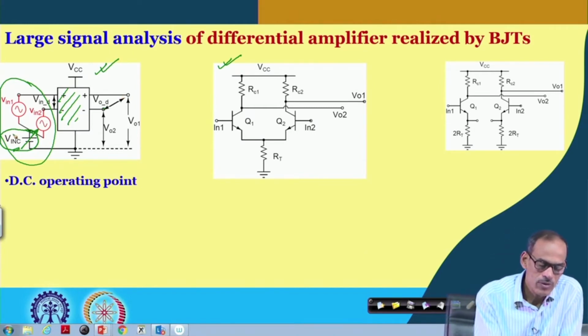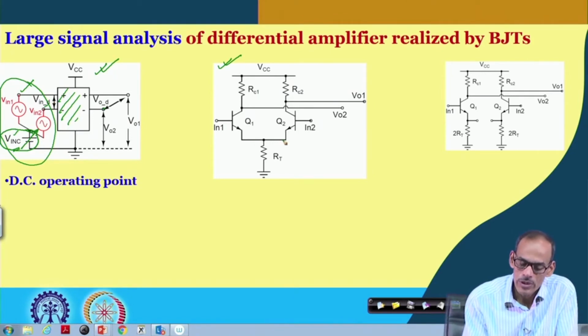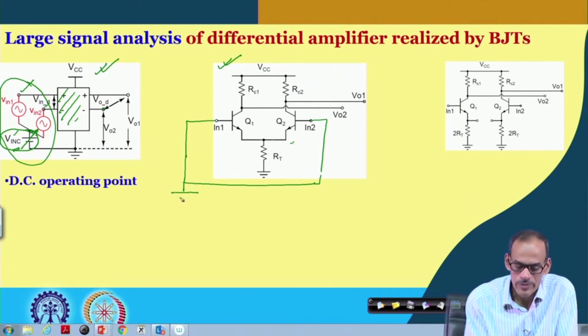Since this DC voltage is applied to both the input terminals, to understand this circuit operation, we do not need to split this circuit. In fact, we can keep the circuit like this. At both the inputs, we shall apply a DC voltage called V in C, and then we can observe the corresponding DC voltage here and DC voltage here.